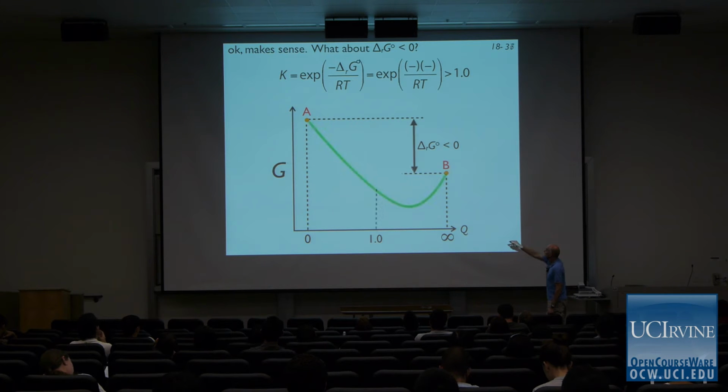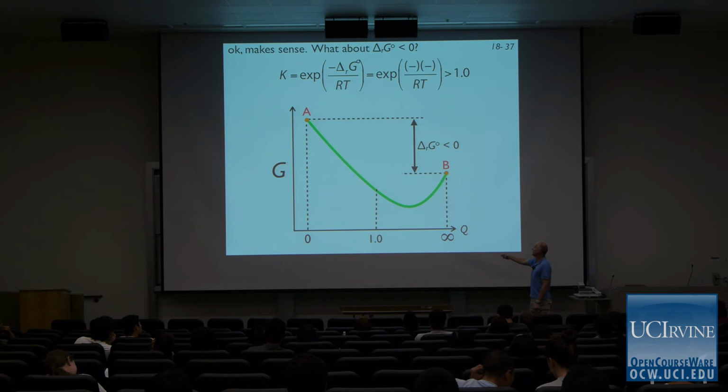And so now our curve is going to be skewed. Here's 1. We're going to be greater than 1. We're on the right-hand side of 1. So qualitatively, the equilibrium constant is going to be greater than 1. What does that mean? Now, what does that tell us about the equilibrium state?